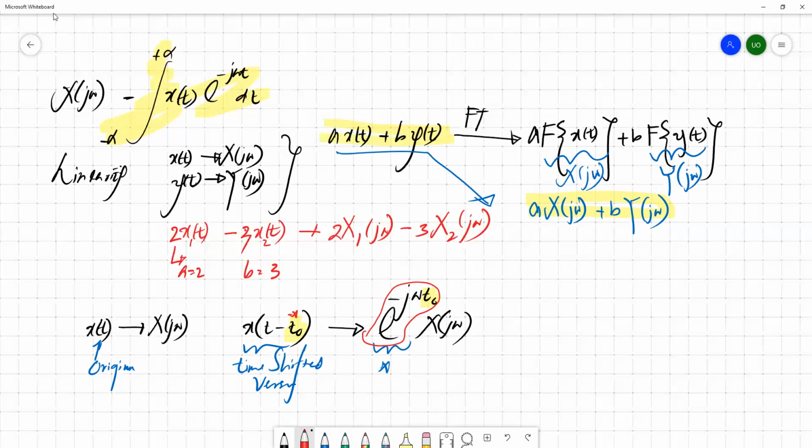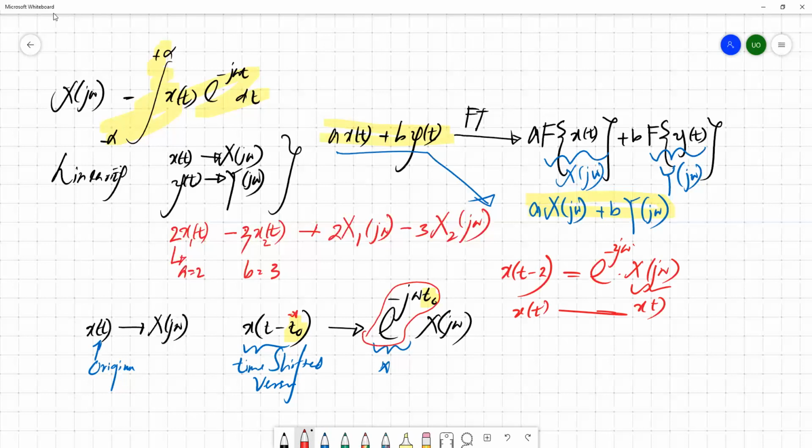For example, if you are given x(t - 2) to evaluate the Fourier transform, you can just plug in e to the power minus jω2 times X(jω). So if you know the Fourier transform of x(t), you can easily get any shifted version. So this is the second.